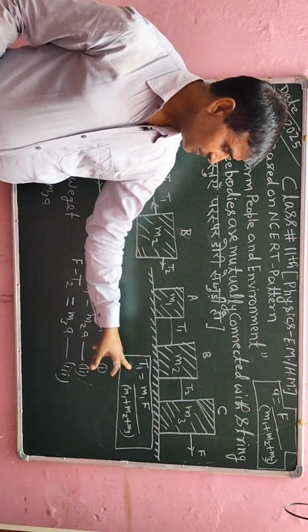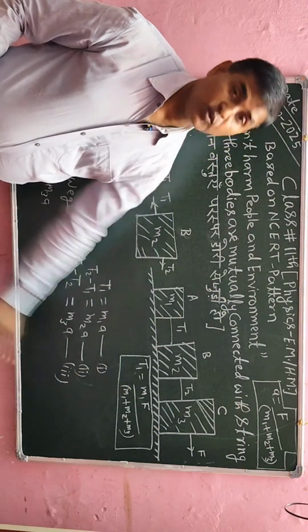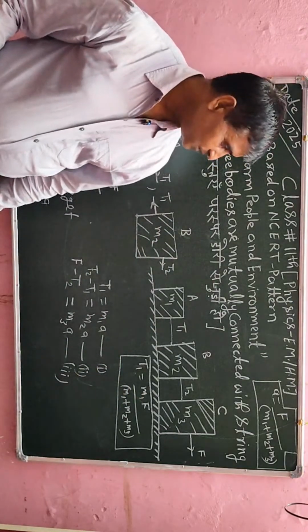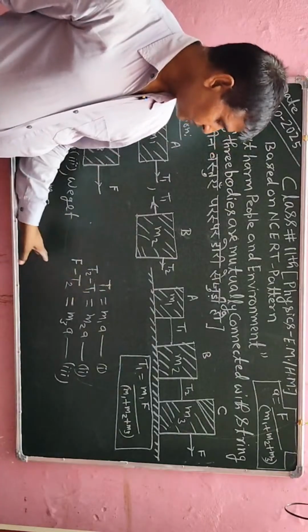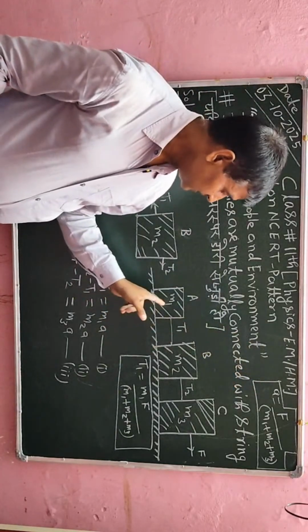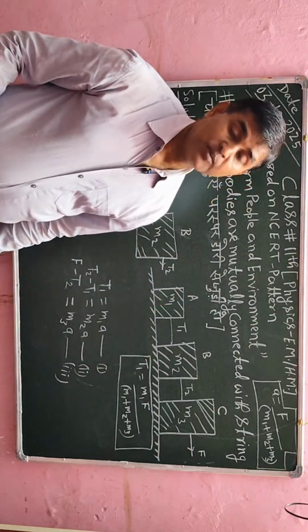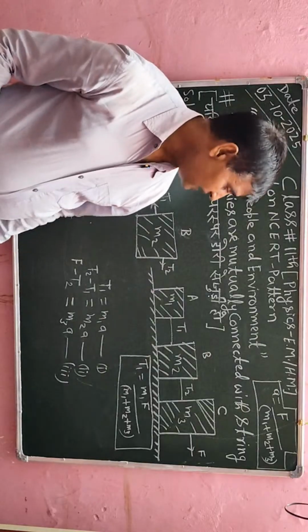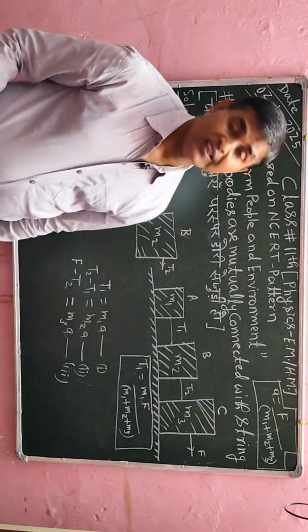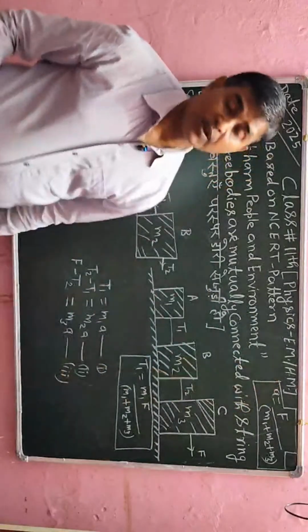Here I have written T1 is equal to M1 F divided by M1 plus M2 plus M3. Similarly I will get the value of T2 because the value of A I have already obtained. Here M1, M2 and M3, all these three masses are combined and moving with the same acceleration A, and the value of the same acceleration I have calculated there.